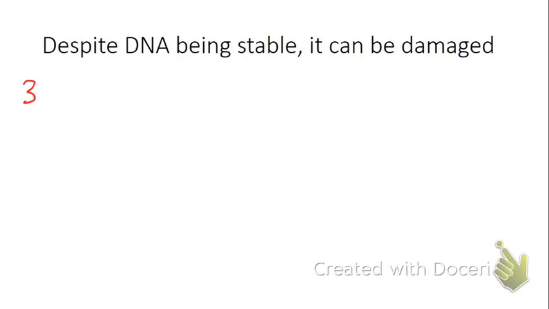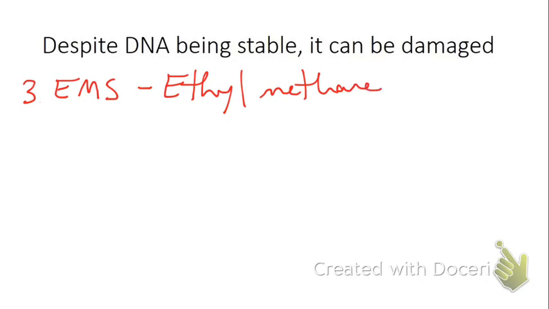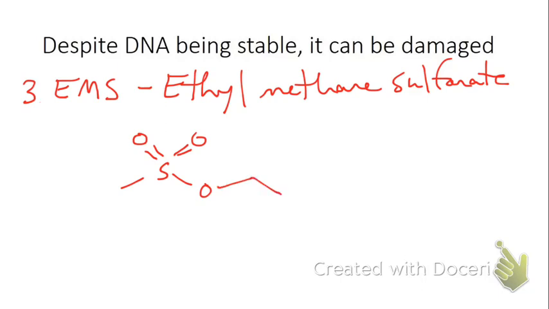The last thing we can do to damage our DNA is use a chemical called EMS, or ethyl methane sulfonate. So we do this in the lab to make more targeted mutations in the DNA. So here's what this chemical looks like. We're not going to talk about the mechanism of how this works. We just have to know that it turns G's into A's.